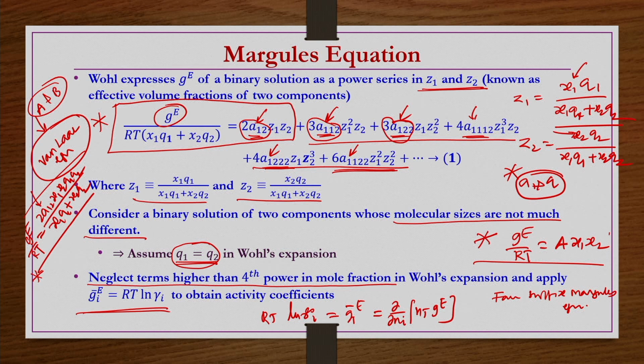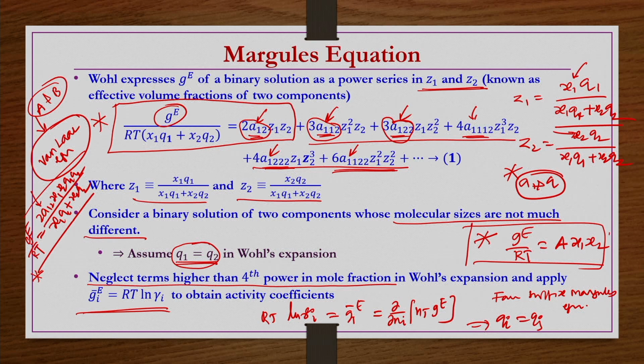If you take only up to the 2nd power series in mole fraction, and further take q1 equal to q2, you will get the 2 suffix Margules equation, which is Ge by RT is equal to A x1 x2, where A is a function of a12, q1, q2, etc. Now, in the Margules equation all qi and qj are the same, that is q1 is equal to q2, so we are taking same size molecules.